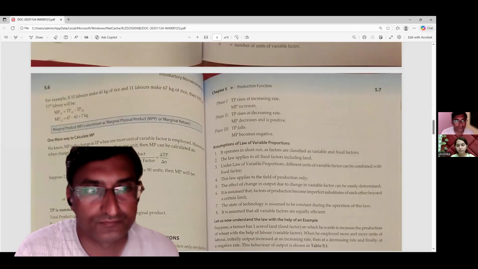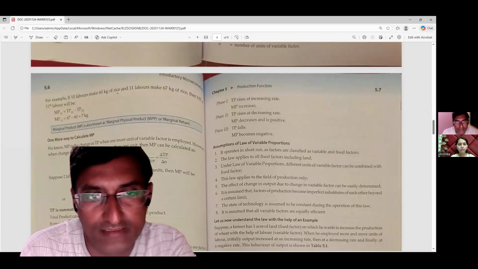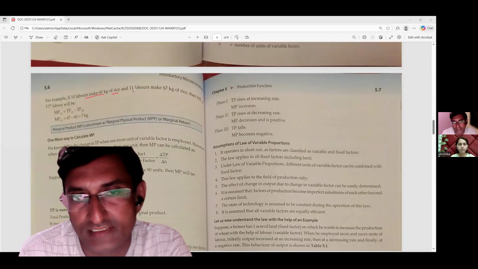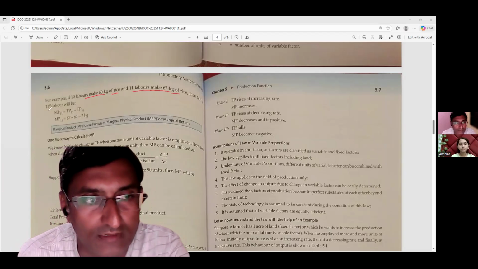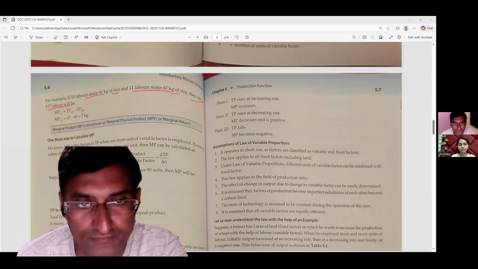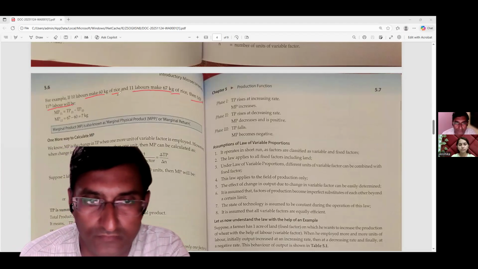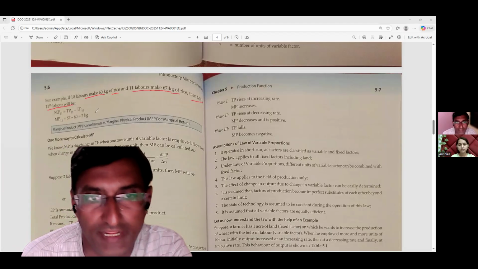Example: if 10 laborers make 60 kg of rice and 11 laborers make 67 kg of rice, then what will be the MP of the 11th laborer? You need to find out with this formula: MP11 is equal to TP11 minus TP10.